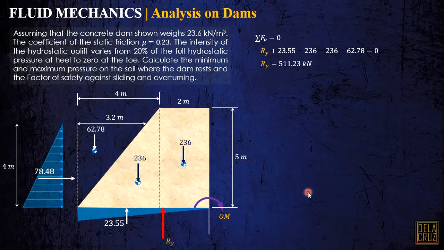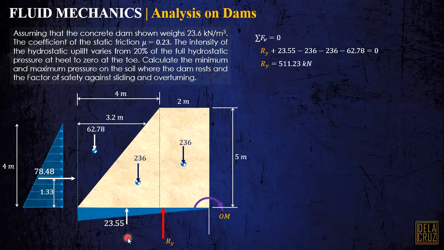Okay, so we also need to account for the moment arms. Since we are taking moment here, we should calculate this one. And that is just, if this is a triangle, 1/3 of this height, or 1/3 of 4 meters. That is 1.33.